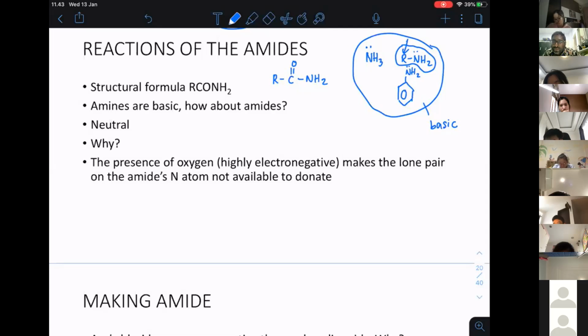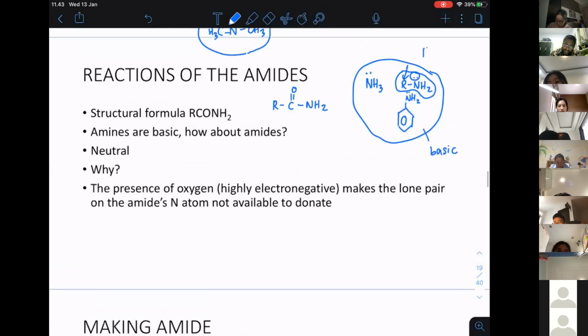Electrons and electrons repel, so when the electrons repel, this particular lone pair is going to be ready to be bonded. If you have H plus, they are going to be readily available to be bonded. So this amine is going to be a much better base.